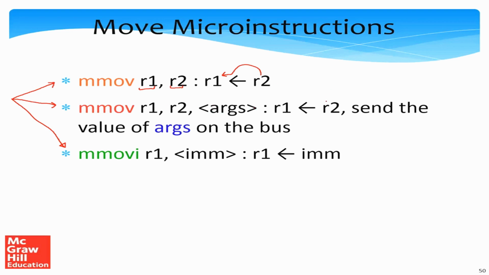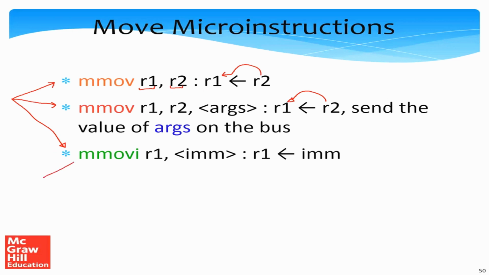It puts R2 in R1, and it also sends the value of args on the bus. If an additional set of arguments is present, then the value of the args field is sent on the shared bus. So this is what M move does. It comes in two formats, one with arguments and one without.